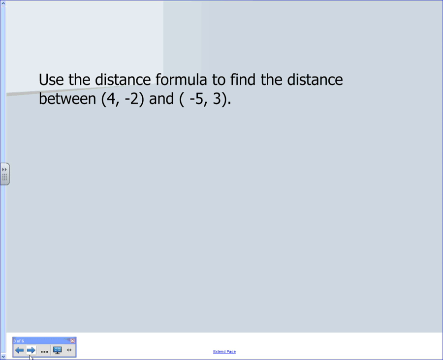So we're looking for the distance between 4, -2 and -5, 3. So let's start by just writing our distance formula. The distance formula is the square root of what?